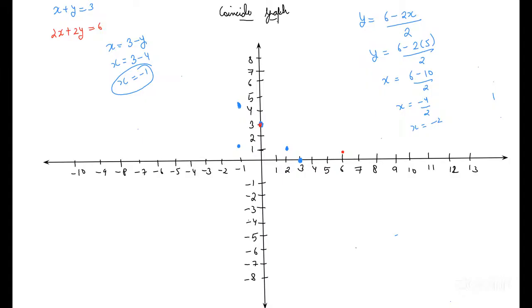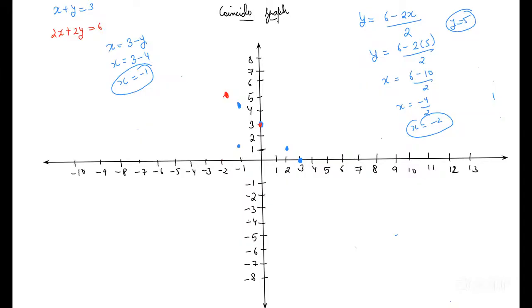So if you take y as 5, x will be minus 2. So it's going to be like this: minus 2, comma 5. Understood?